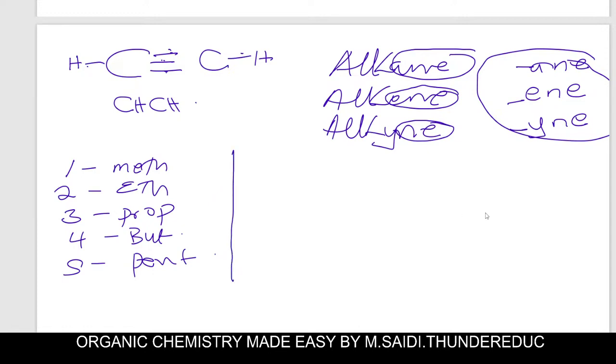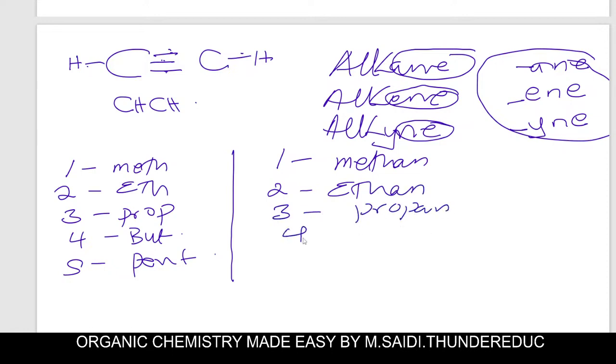This is different when you go to other homologous series like alcohols, alkanes, the ketones, the aldehydes. 1 will mean that, 2 will mean that, 3 will mean that, 4 will mean that, and 5 will mean pentan.